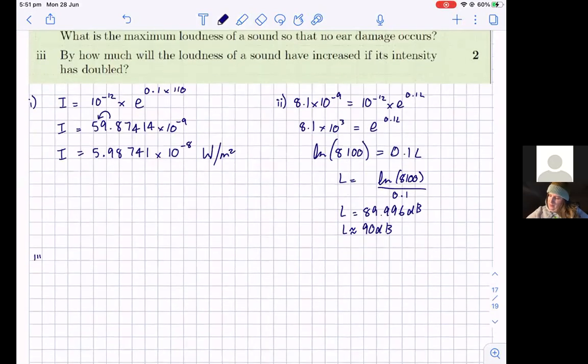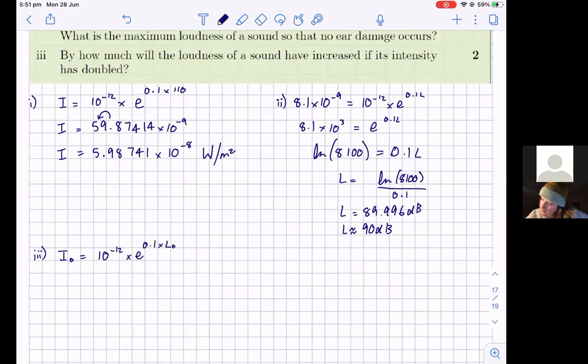Number 3. By how much would the loudness have increased if its intensity has doubled? So let's say I naught equals 10 to the minus 12 times e to the 0.1 times L naught.